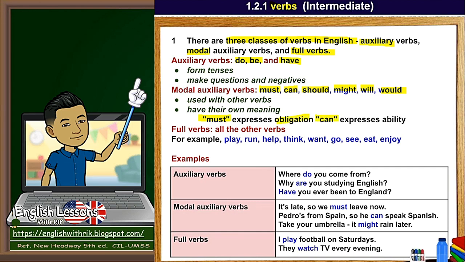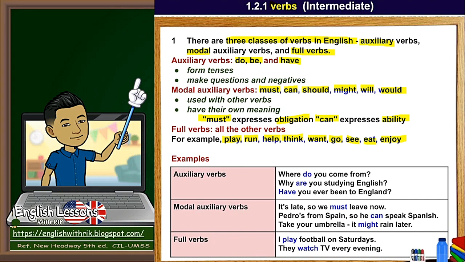Can expresses ability. Full verbs are all the other verbs in English. For example, play, run, help, think, want, go, see, eat, enjoy.